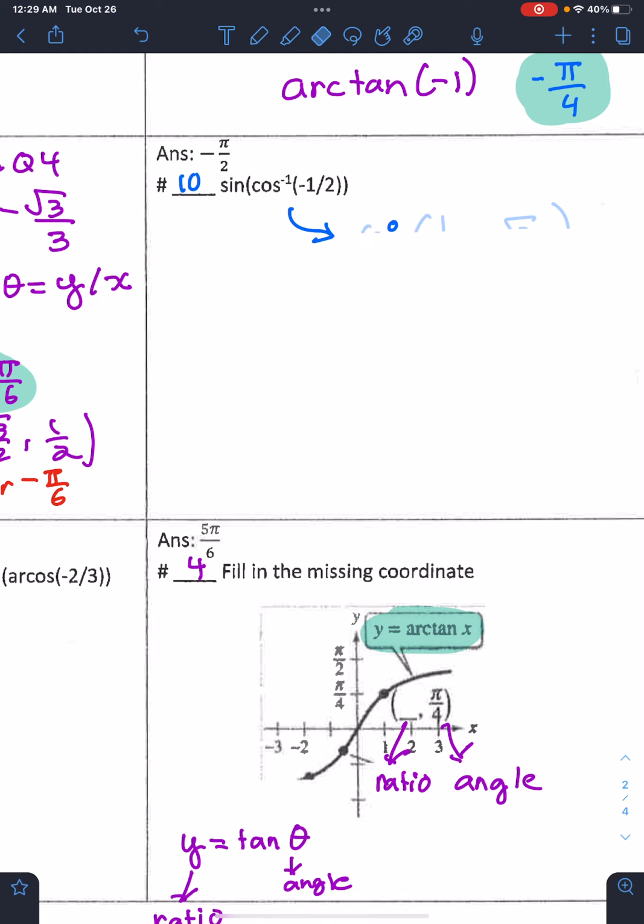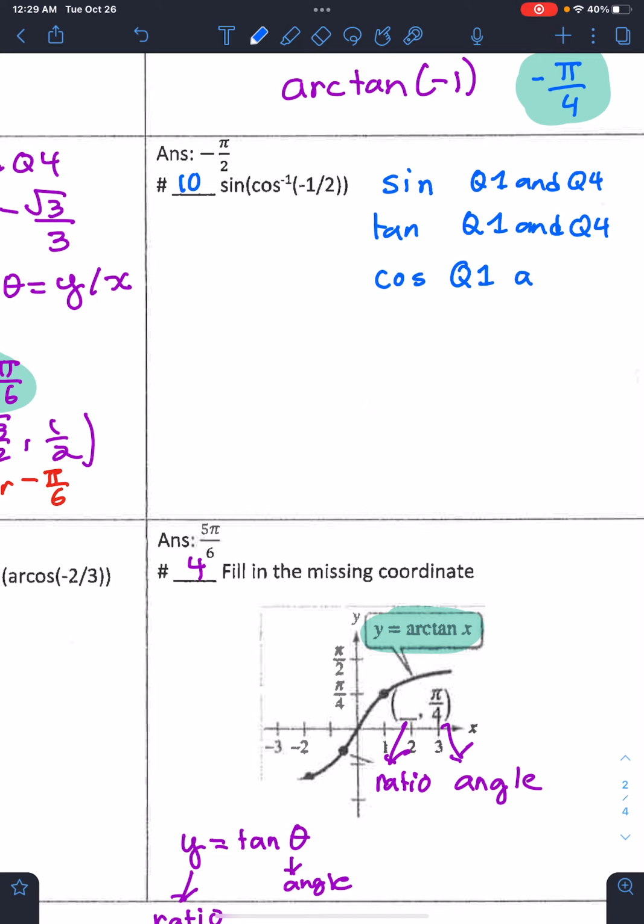Okay. See? And this is what happens when I don't write the restrictions first. So remember how I said sine is Q1 and Q4. Tangent is Q1 and Q4. And every once in a while, I always forget that cosine is Q1 and Q2.